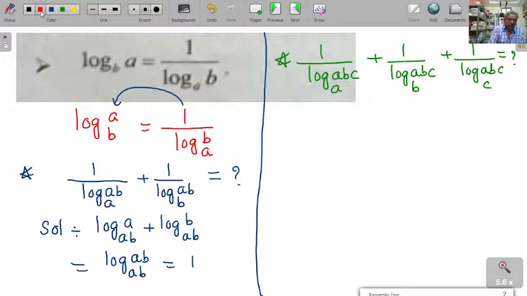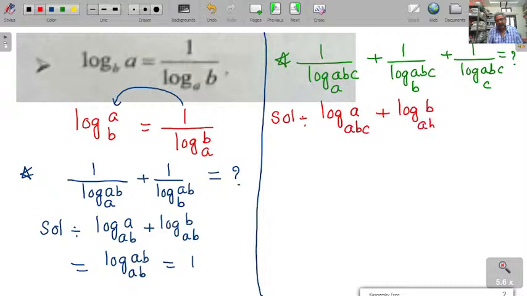Right, my dear students, you see the solution. This can be written using this property: log a to the base abc plus log b to the base abc plus log c to the base abc. Am I correct now? Using extension of the product rule, this can be written as a single logarithm.